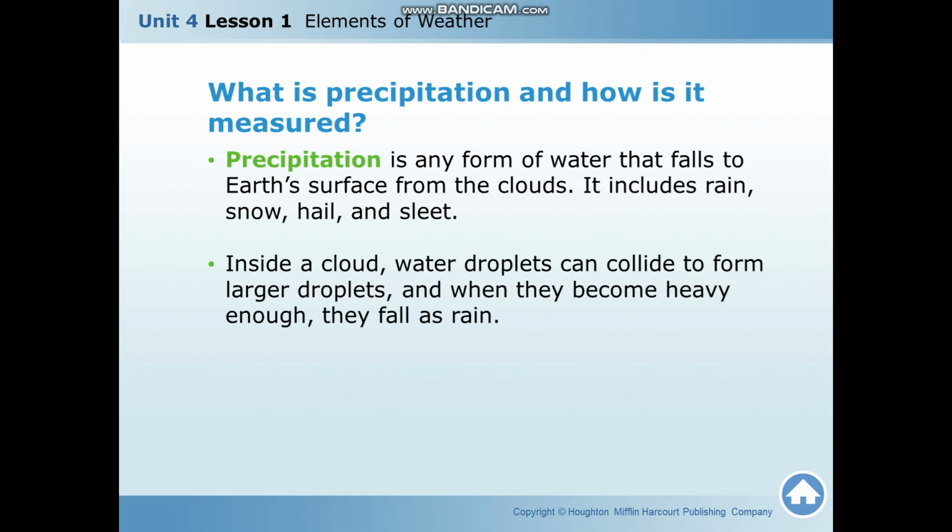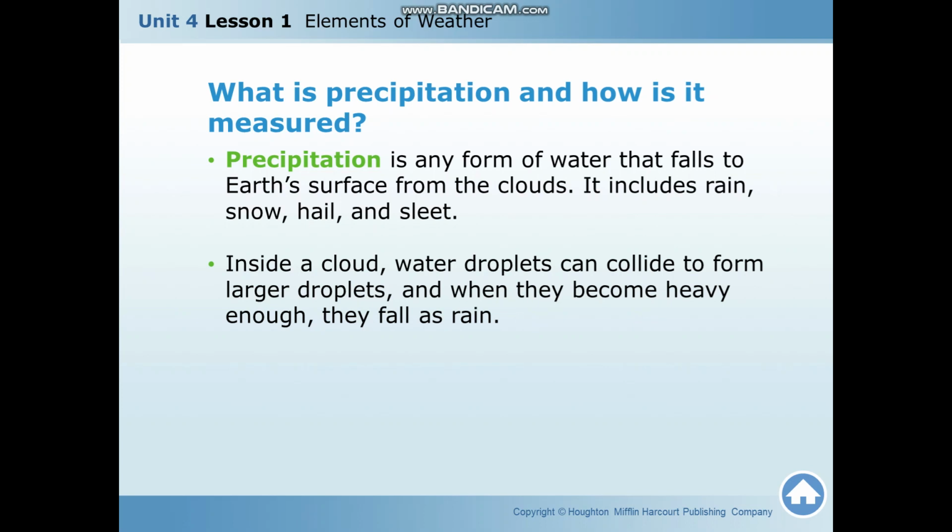So you know the water cycle, and this is a part of the water cycle. So when the clouds cannot hold the amount of water droplets anymore, they form larger droplets, they become heavy, and they fall as rain.